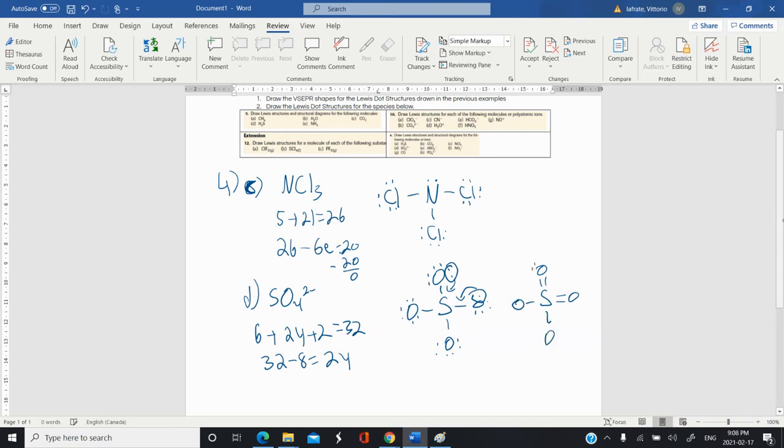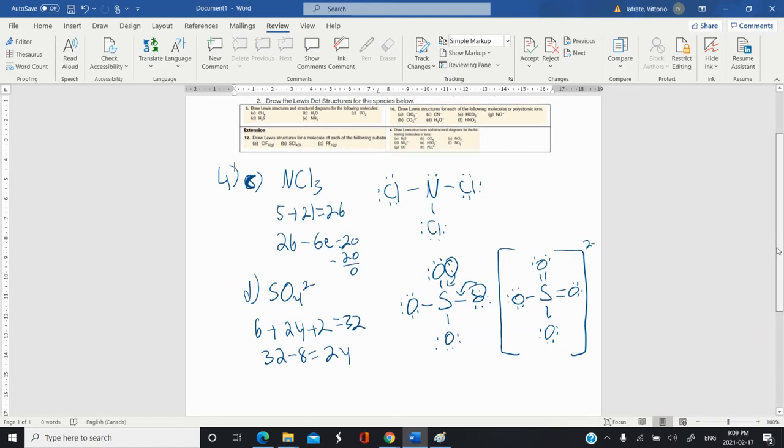And then don't forget to put your 2 minus. You could have chosen 2 other oxygens to have as double bonds instead. It doesn't really matter which ones you chose because they're equivalent structures. And like I said, you'll learn more about that in grade 12, but they would be equivalent structures nonetheless.